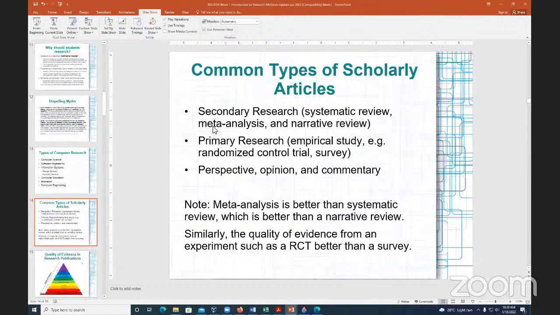All right. So basically, a systematic review is a paper where the author or authors select some keywords and use those keywords in two or more online databases to systematically find all articles on a particular topic.